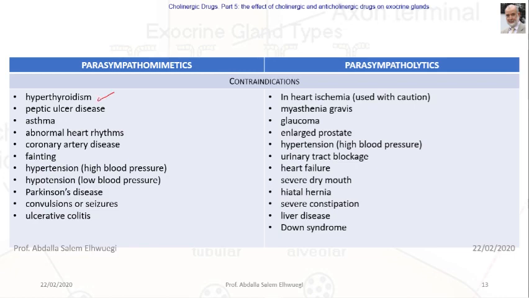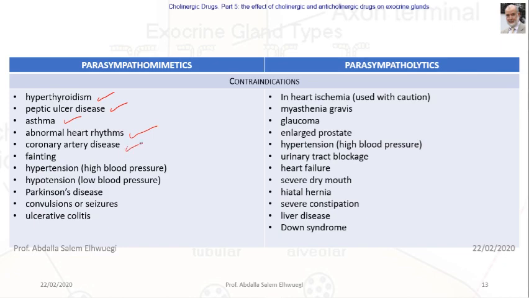This is expected because they will increase the secretion of the thyroid gland, and this will make hyperthyroidism worse. Of course, they are contraindicated in peptic ulcer disease because they will increase gastric secretion. They are contraindicated in asthma because they produce bronchoconstriction. They are contraindicated in abnormal heart rhythm because they affect conduction through the AV node.